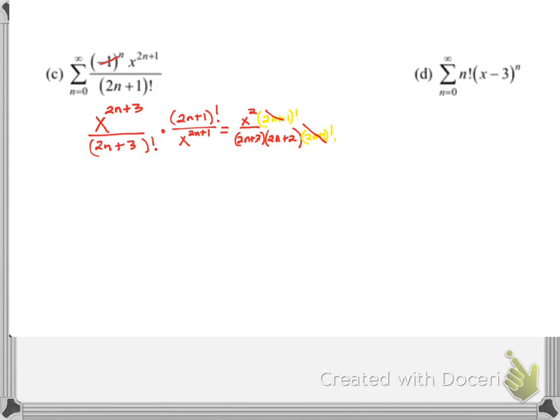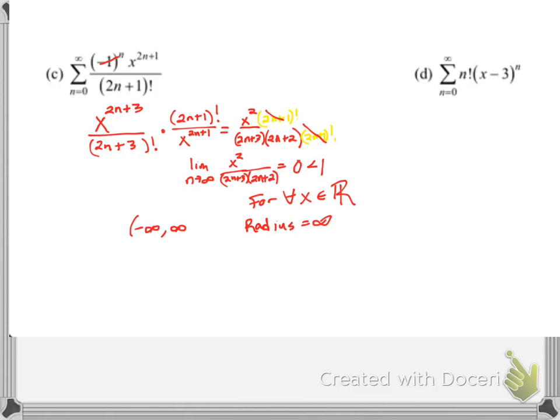So those cancel. In the end, here's our limit as n goes to infinity. What's left goes to 0, which is less than 1. Awesome, because that converges for the ratio test. And for all real numbers, there's not an x that would not satisfy that condition. So the radius is infinity, and there's your interval in correspondence there.